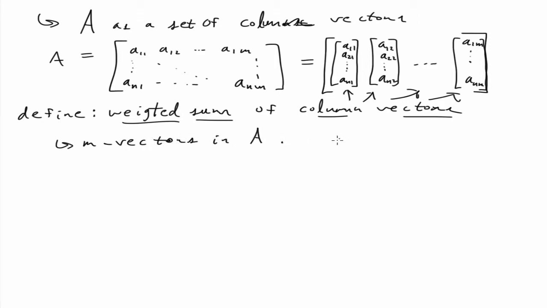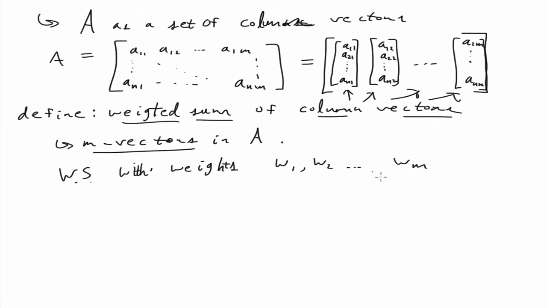We have m vectors in A, and what I want to define is this weighted sum, where we have weights. Let's call them W1, W2, all the way to Wm. Because there are m vectors, we need m weights.